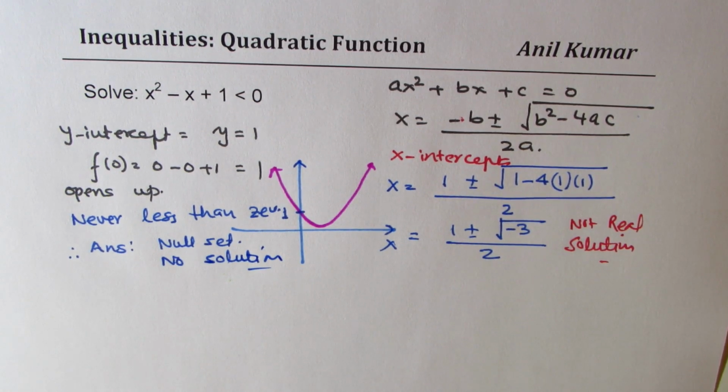So you could have inequalities which may not have any solutions, right? So I hope you understand that inequalities may have infinite solutions or even no solutions. So the whole range is possible.